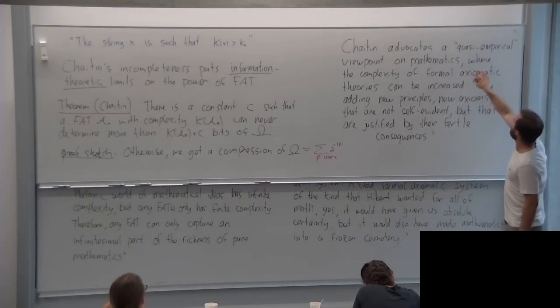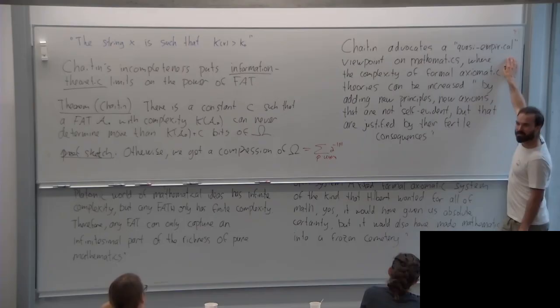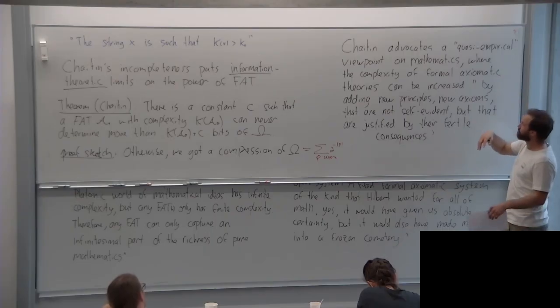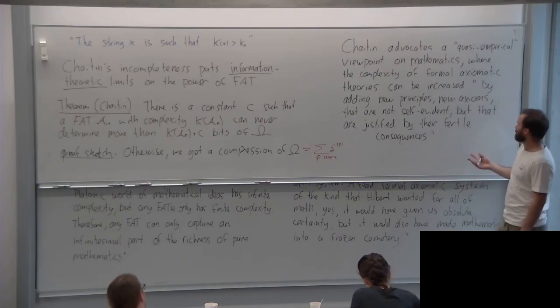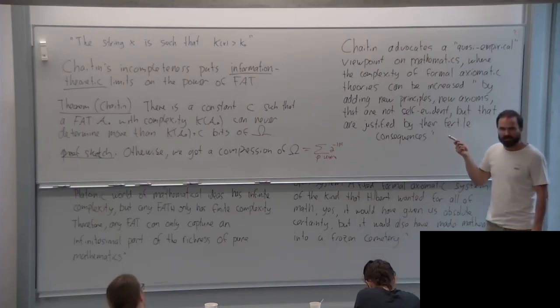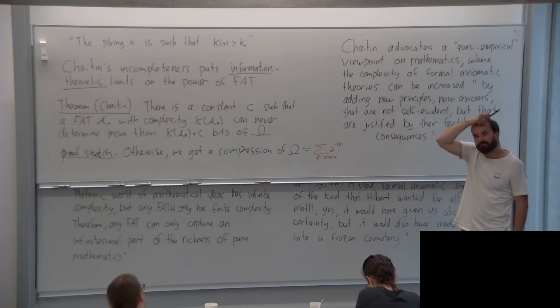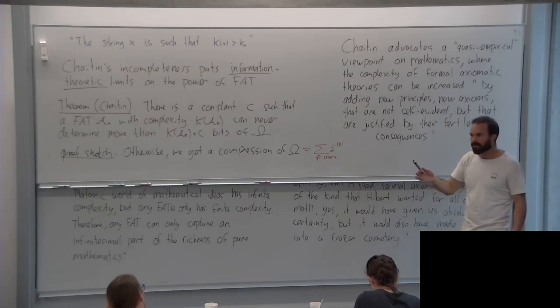So he says a quasi-empirical viewpoint, a term he borrows from Lakatos, where we increase the complexity of our formal axiomatic theories by adding new principles, new axioms that are not self-evident, but that are justified by their fertile consequences. So the notion of self-evidence: maybe one can make the case, when you have axioms like A equals B implies B equals A, one could say, oh yeah, that's self-evident.